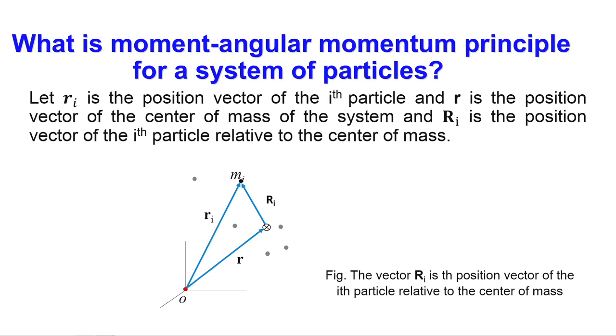Now, from the center of mass to the ith particle, the relative position vector is capital R_i.